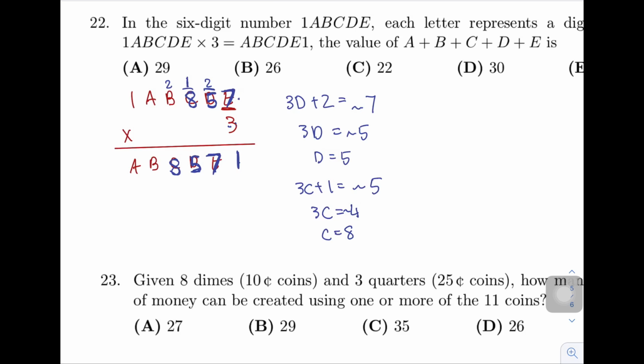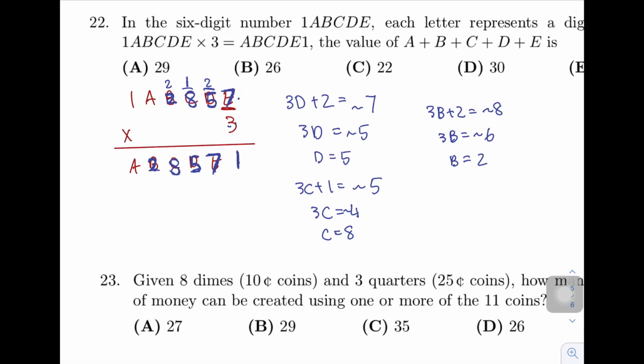So then 3B plus 2 equals something with a remainder of 8. 3B equals something with a remainder of 6. So B has to equal 2. So if B is 2, same story with A. You find that 3 times A equals something with remainder of 2, and you realize that A has to equal 4.